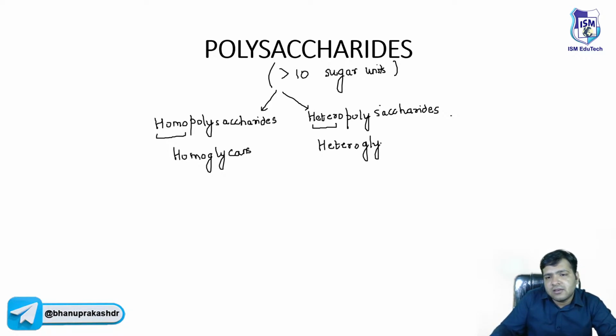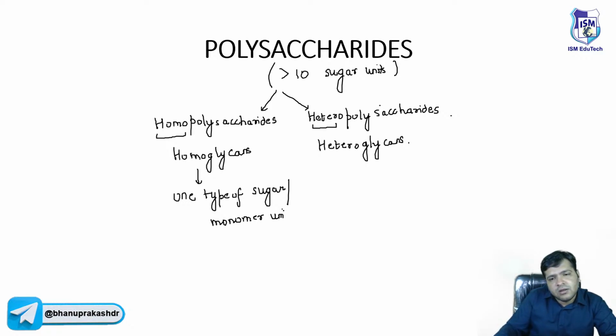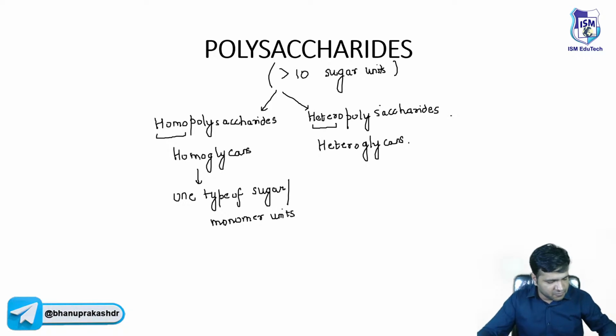Heteroglycans. Okay, when I say homoglycans, beta, I am typically talking about the fact that it contains one type of sugar, or I can simply say one type of monomer units. That's why it is called homopolysaccharides or homoglycans.